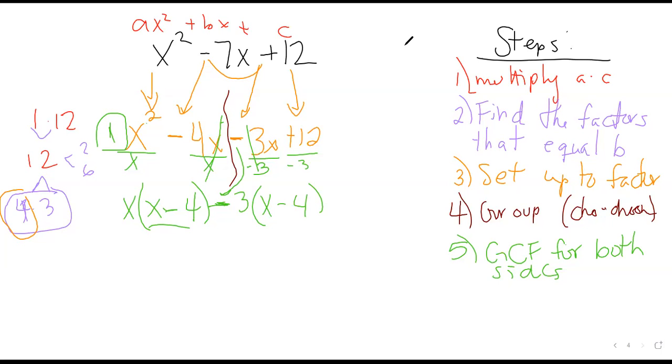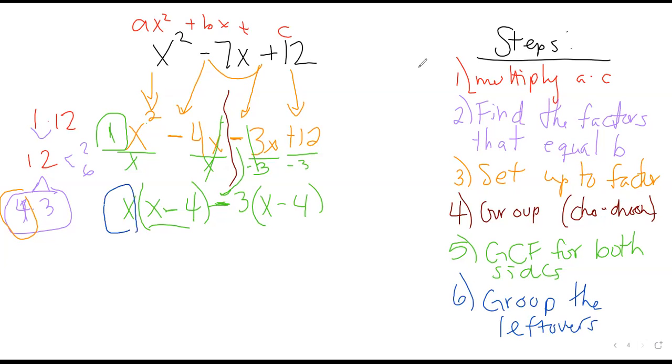So now, step 6, I'm running out of colors. Group the leftovers. So my leftovers are x and -3. So I now have x minus 3 and x minus 4.